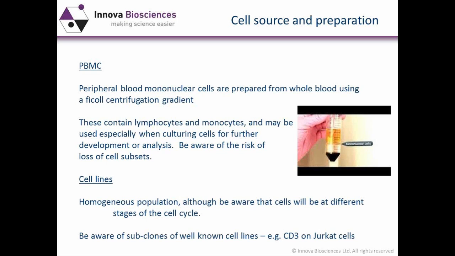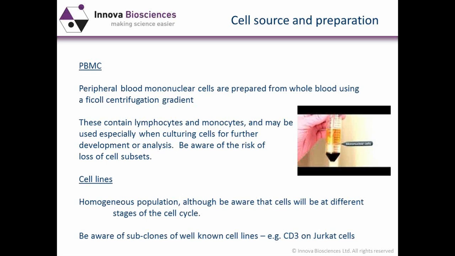Moving on from whole blood, the next most obvious sample to talk about is something called PBMCs, or peripheral blood mononuclear cells. This is a subset of the leukocytes in whole blood prepared using a Ficoll centrifugation gradient.